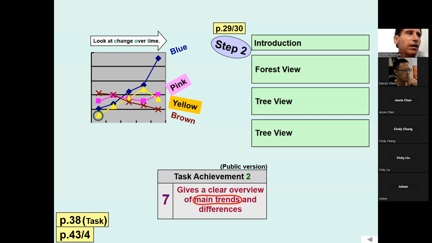But if we compare the beginning to the end, does it rise? Yes. It does. And what about the brown line? Always going down. Yeah. So thinking of a trend, blue goes up, yellow goes up overall, brown doesn't, and pink.